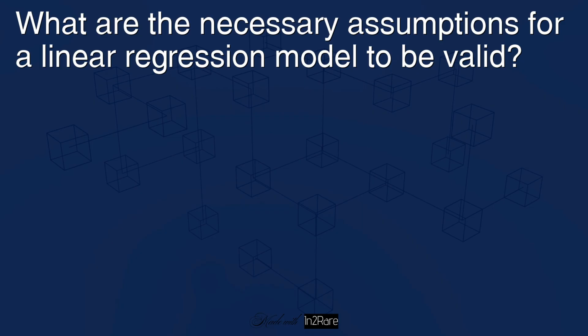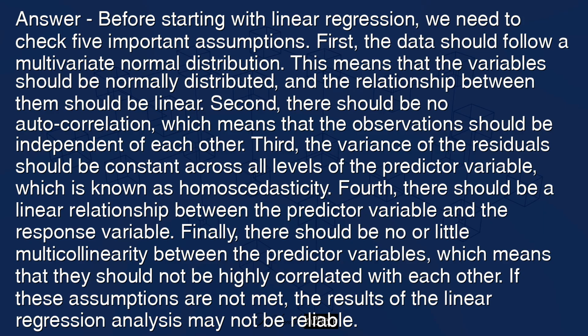What are the necessary assumptions for a linear regression model to be valid? Answer: before starting with linear regression, we need to check 5 important assumptions. First, the data should follow a multivariate normal distribution. This means that the variables should be normally distributed, and the relationship between them should be linear. Second, there should be no autocorrelation, which means that the observations should be independent of each other.